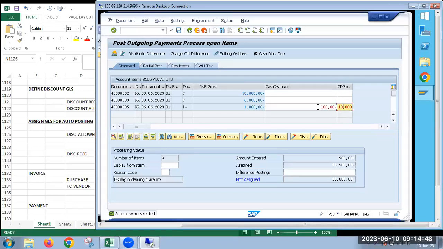This 10%, which means 100 rupees, is available by the system based on the term, the due date, and everything. So our assigned amount will be only 900 with the payable balance and the discount.